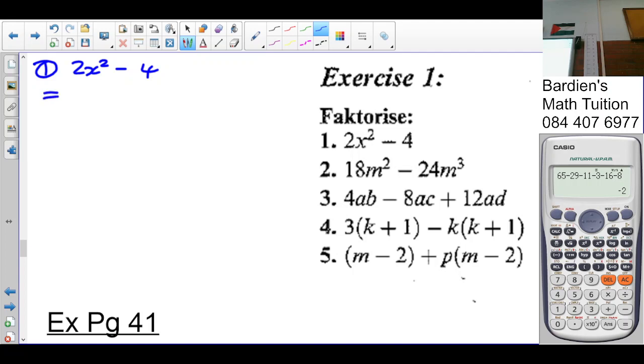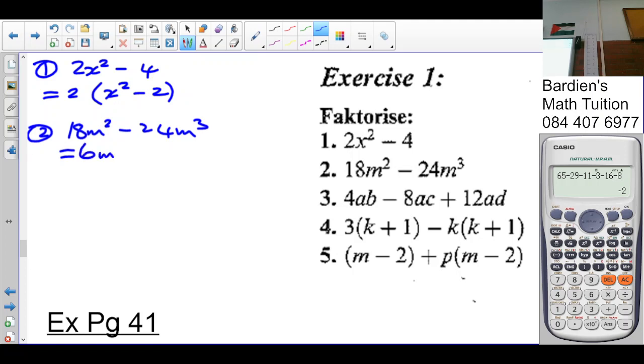Common factor of 2. What are we left with? Right, well done. Number 2. We got 18m squared minus 24m cubed. What is now common? 6m squared. What are we left with? 3 minus 4m.